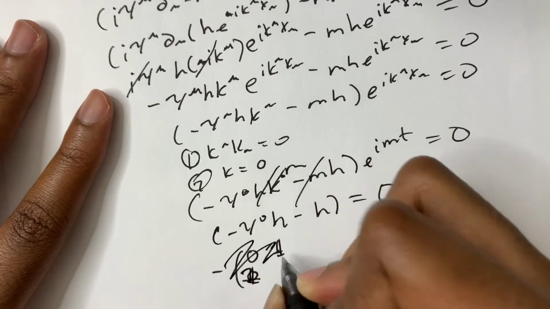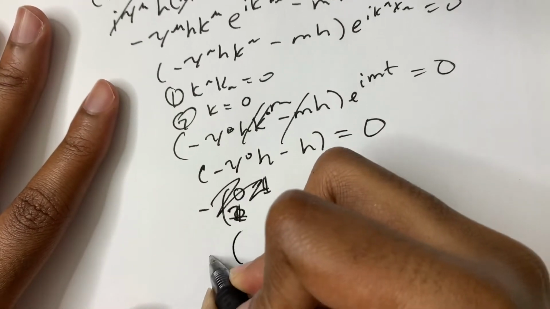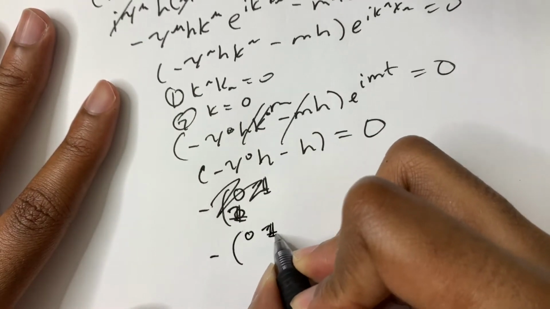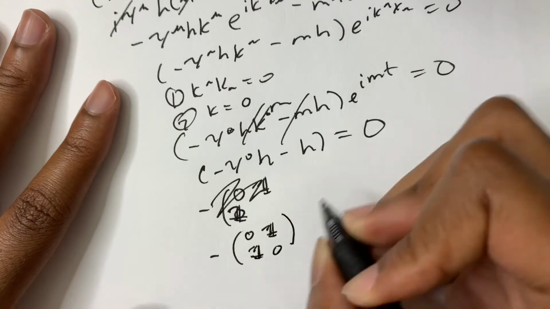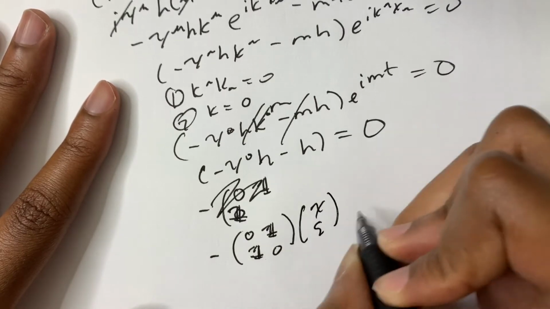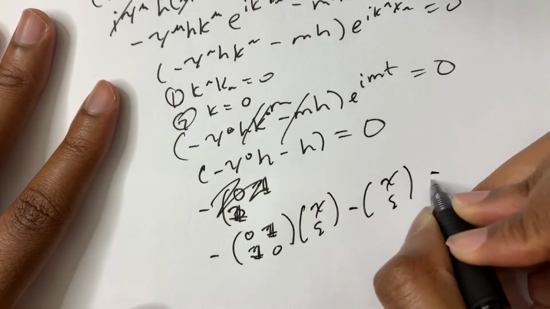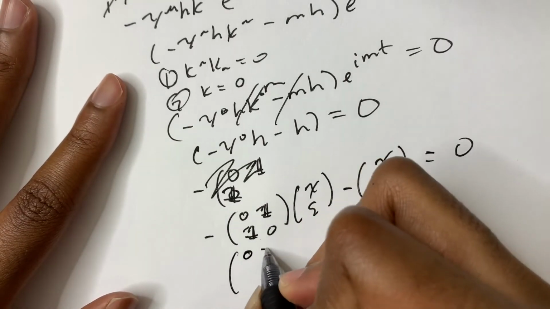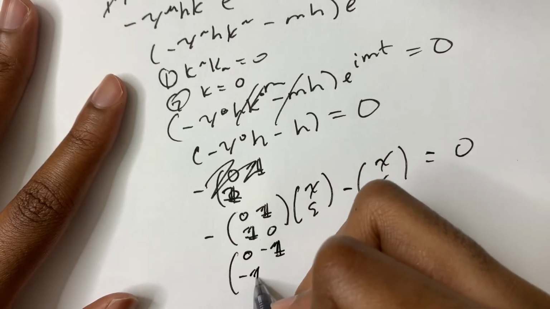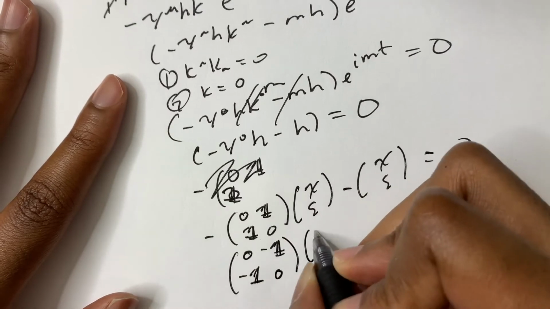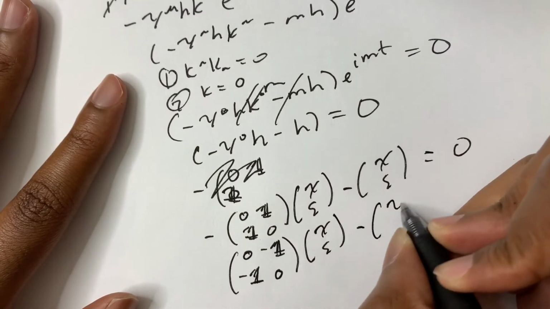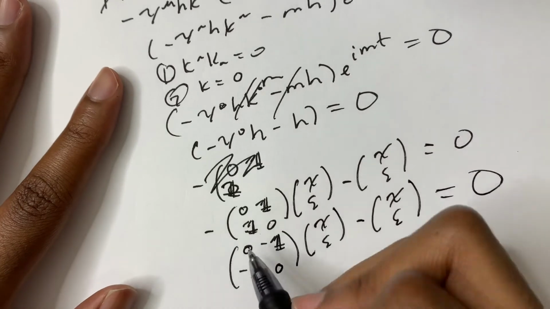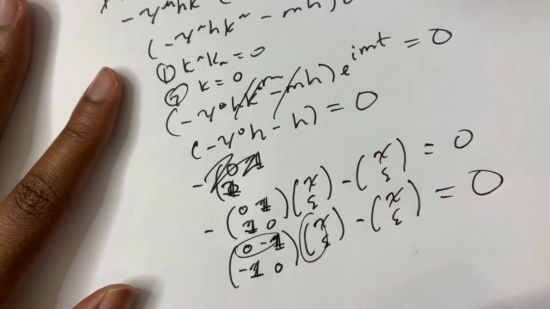Here, let me just rewrite it again. So you have minus [0, 1; 1, 0] times (chi, epsilon) minus (chi, epsilon) equals 0. Just distribute the negative 1 constant scalar in here, and do this matrix multiplication.